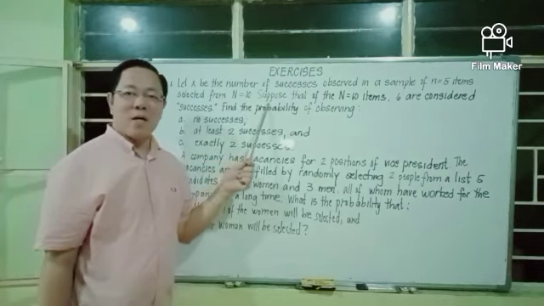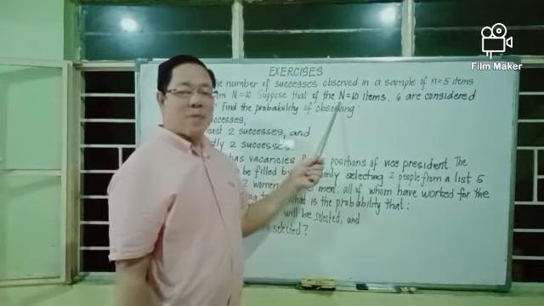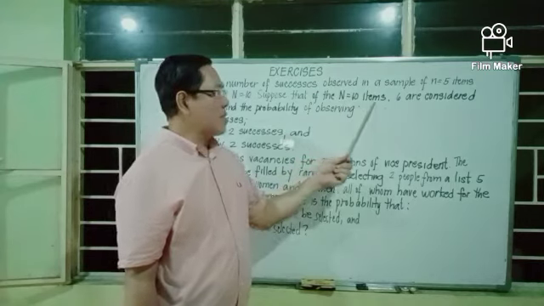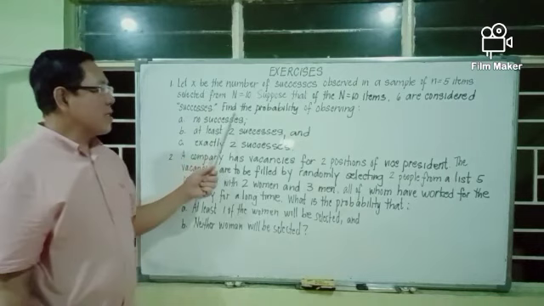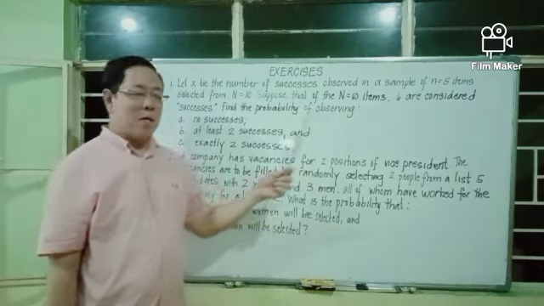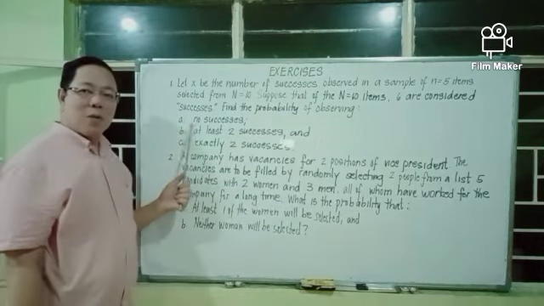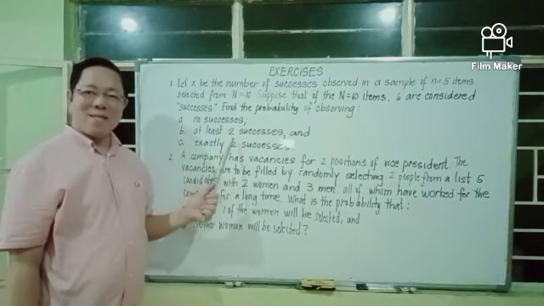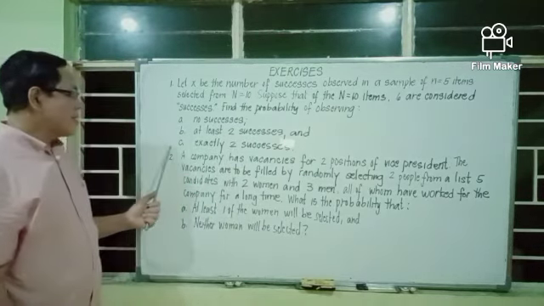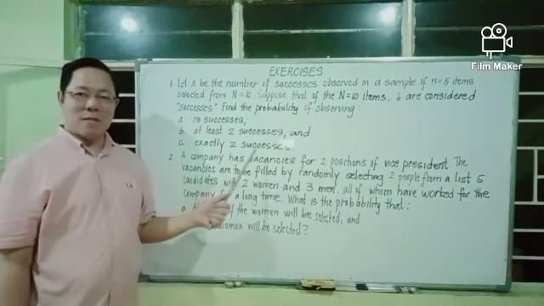Suppose that of the capital N equals 10 items, 6 are considered successes. Find the probability of observing: letter A, no successes; letter B, at least 2 successes; and C, exactly 2 successes.